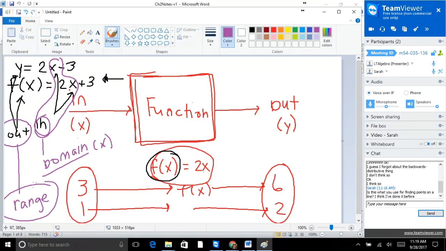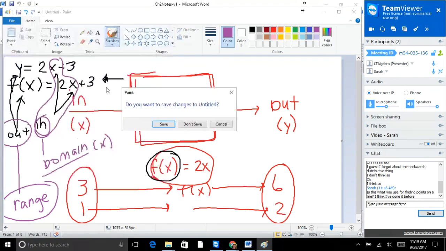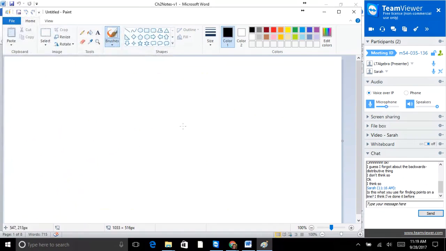So let me clear this off a little bit. And this is why I think it's helpful to do today and on Monday, because it's just like hearing it a few times and you're like, oh, okay, I got it. So let's talk about a really simple function, okay?